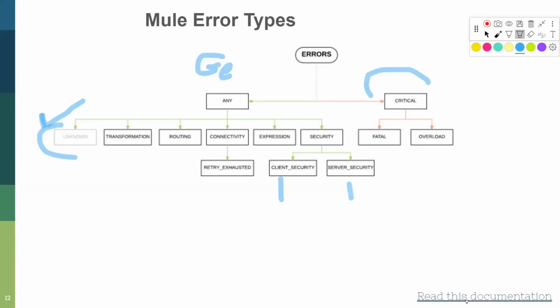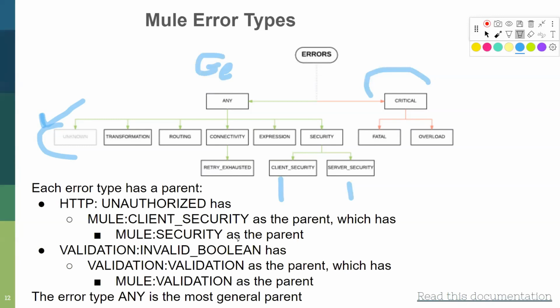All of this we can get from this documentation. This is very important because when we try to customize our errors, we may want to customize different errors slightly differently, or even under one parent, the different child errors may be customized differently.